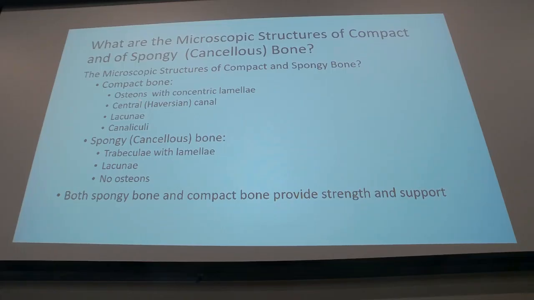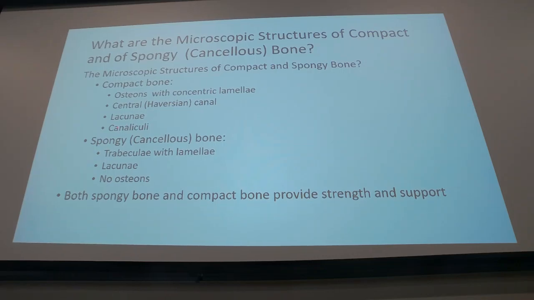The osteons are surrounded by these lamellae, which are layers of compact bone, concentric layers. So that's the concentric lamellae. The osteons have a central cavity that is called the Haversian canal. And through this Haversian canal, blood vessels go through.